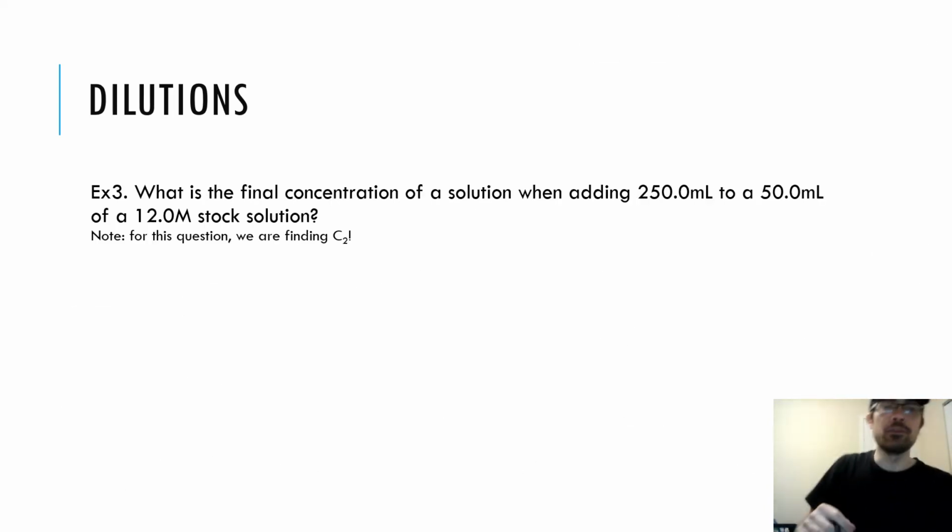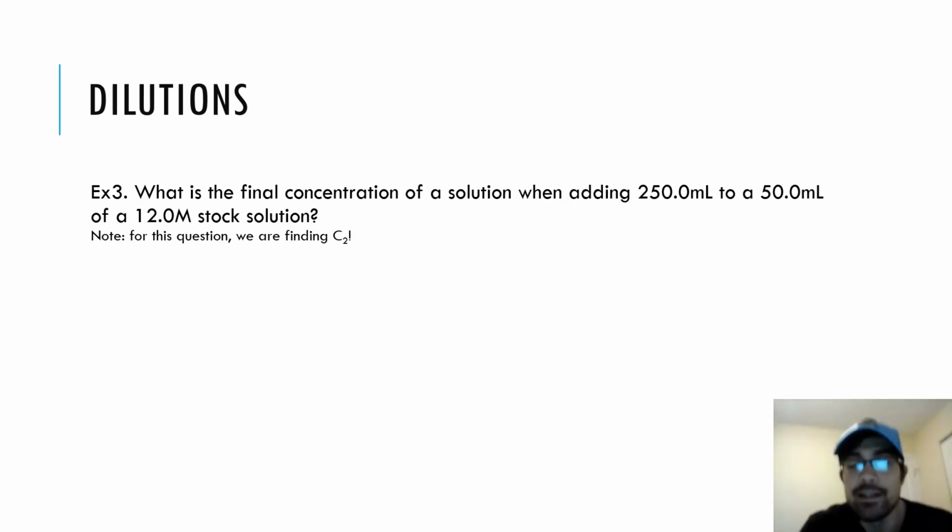So example 3 says, what is the final concentration of a solution when adding 250 mL to 50 mL of a 12 molar stock solution? Okay, so in this case we're actually finding C2, so it's slightly different, same formula though, but it doesn't really matter. Another thing to be aware of is that we are adding 250 milliliters, so it doesn't outright tell you this, but V2 then is going to be 300.